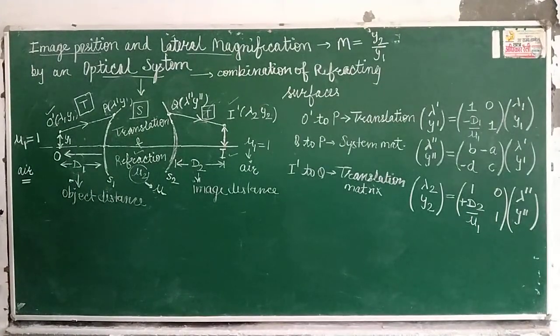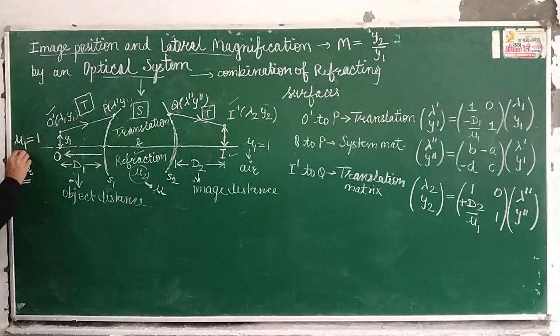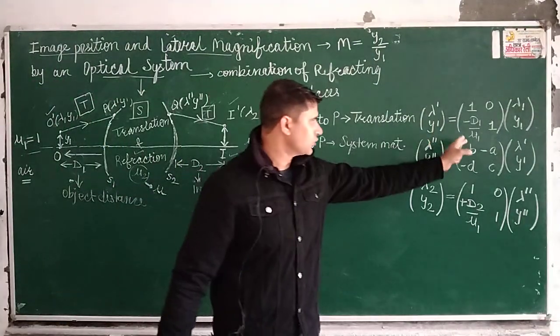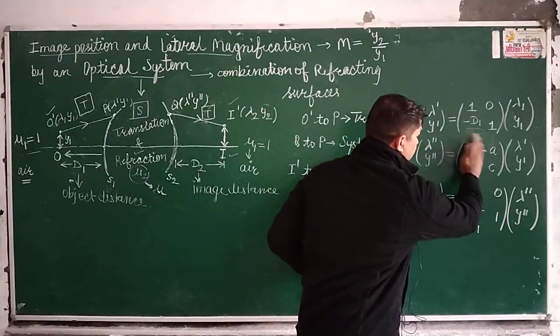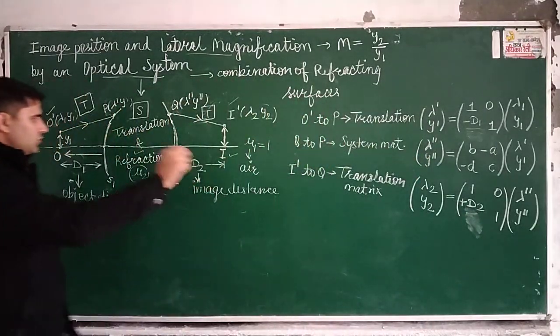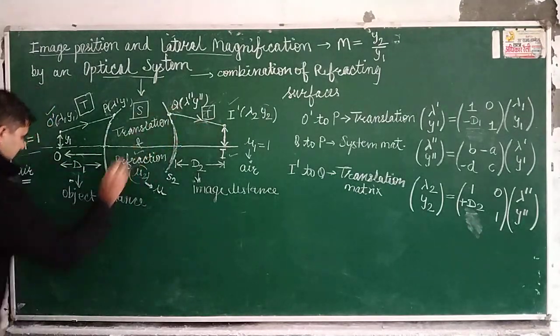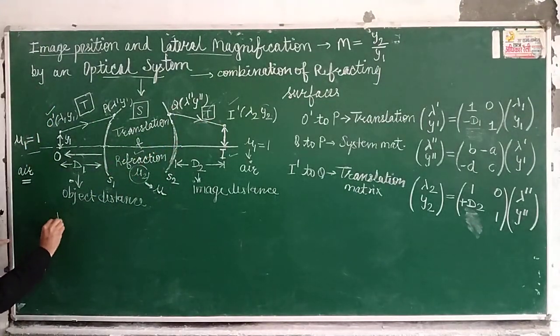So class, for simplicity we will assume that this optical system is placed in the air medium, so we will replace mu1 by 1. Okay, so if we replace mu1 by 1, then you will get this relation. Now we are to connect the coordinates of the image point, which are lambda 2 and y2.